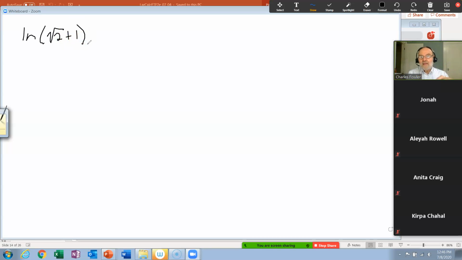Okay, that's what we got. They wrote it slightly differently. Let's see if we get the same answer. So I'm going to type in my 2, take a square root of that, add 1 to it, and then take a natural log of that. And we got 0.881, exactly like they did. Okay, so yeah, same answer.